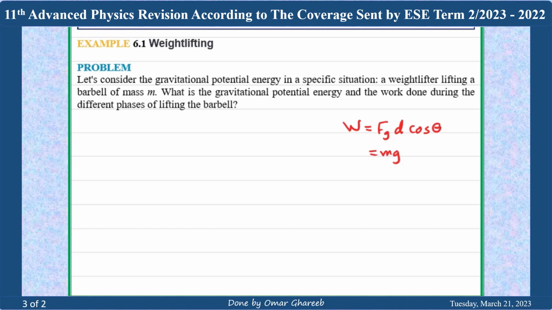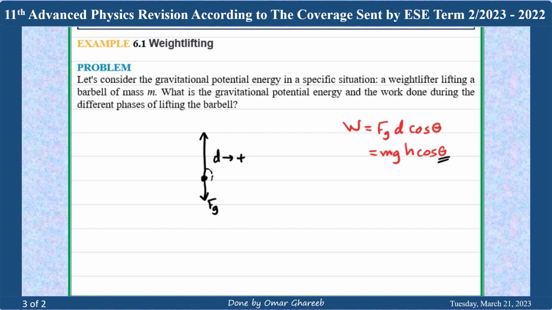D, we usually name the distance by lifting or lowering as h, the height, cosine theta. Now, the most important thing is cosine theta. If the object is down, then you lift it up, so the distance should be positive, while the force of the gravity is downward.